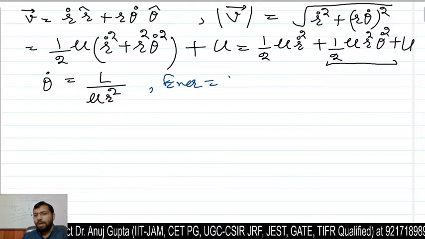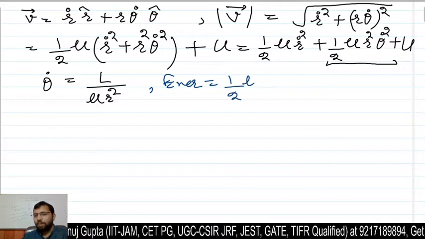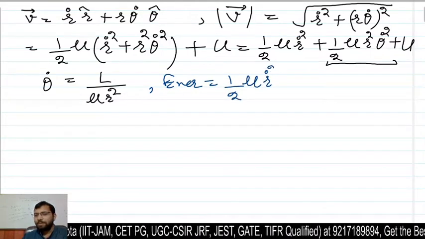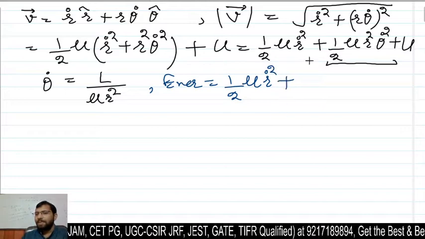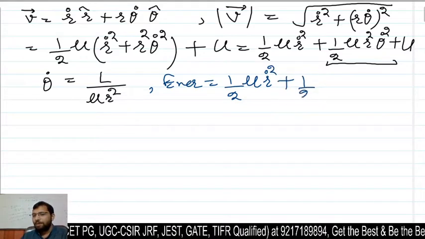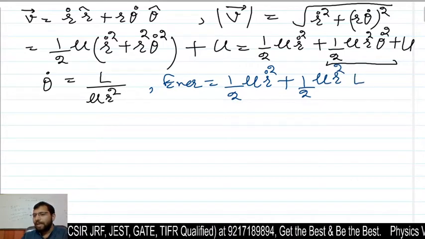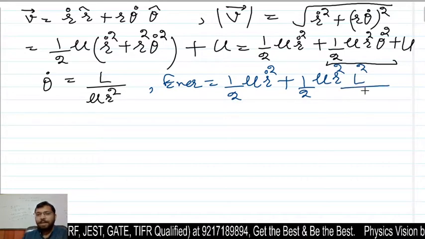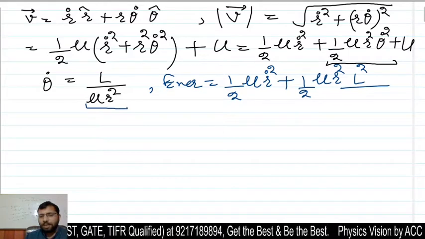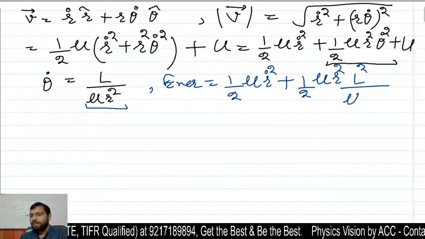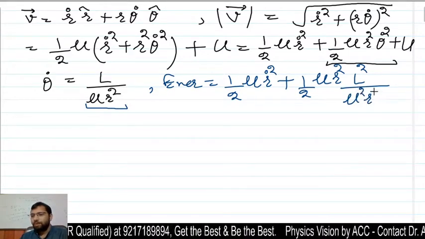It will be equal to half mu r dot square. First term remains the same, second term is half mu r square, theta dot square is L square divided by mu r square का square, that is mu square r4.